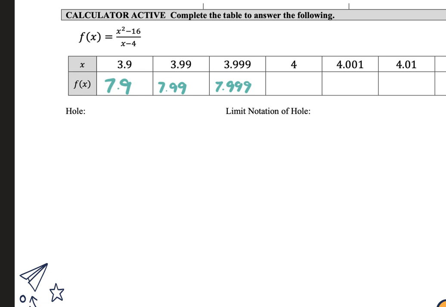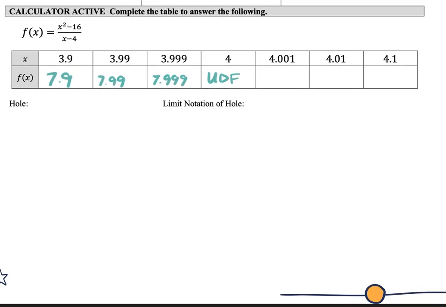It actually says error, divide by 0. Then y1 of 4.001 is 8.001. y1 of 4.01 is 8.01. And y1 of 4.1 is 8.1.